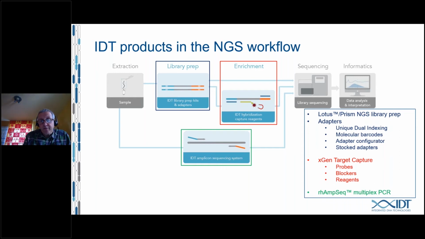We do have inventory panels, like for example, an exome for whole exome analysis. But we can also, as Simon has indicated, create a customer-specific panel for the genes of interest to the customer. And for those that are interested in PCR-based targeted sequencing, we do have our RAM-seq technology, but we will focus in this talk on the Prism.